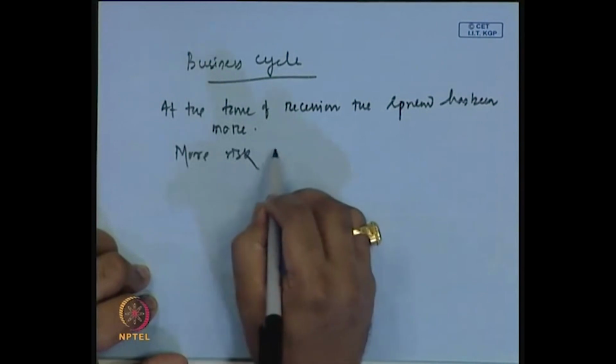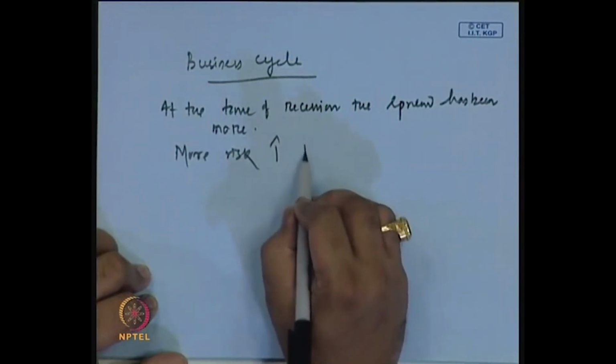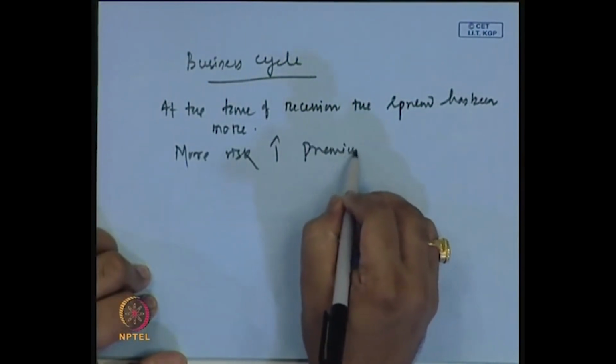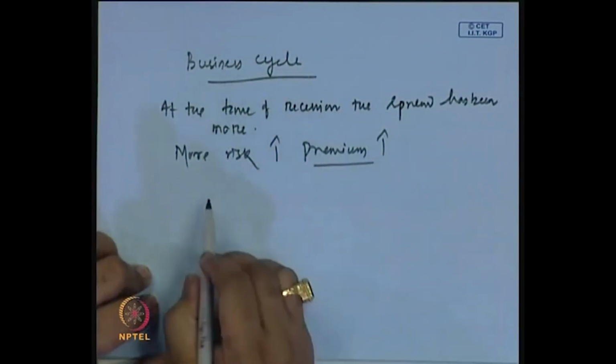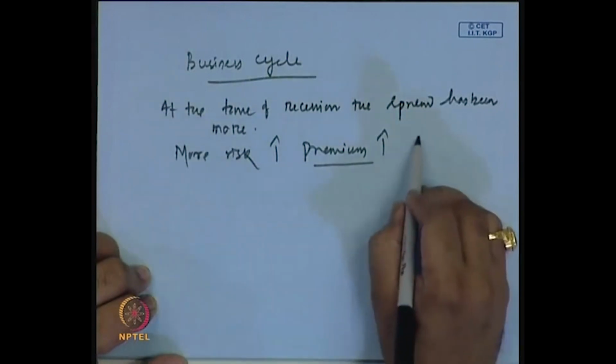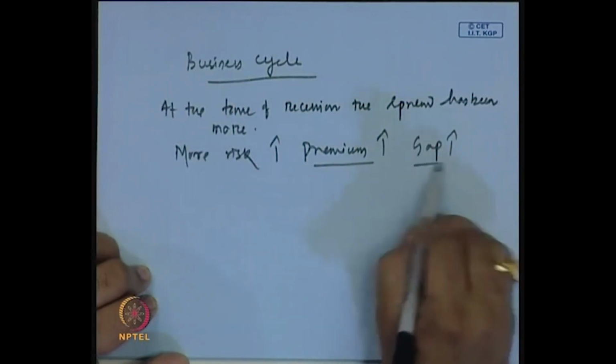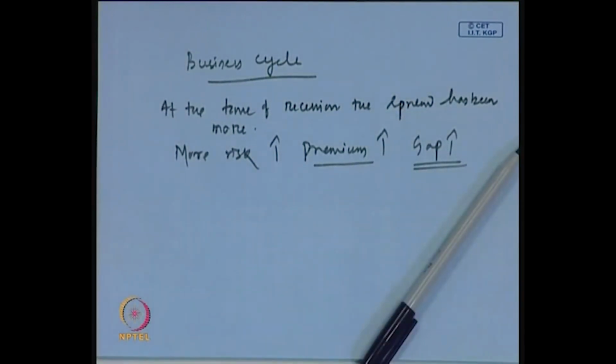If risk is more, then the premium also should be more, and the investor will charge more premium. If the premium is more, then the gap between these two particular bonds, or bonds of different ratings, also will be more.